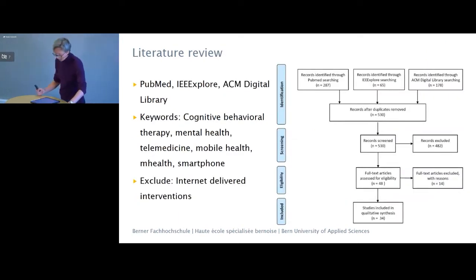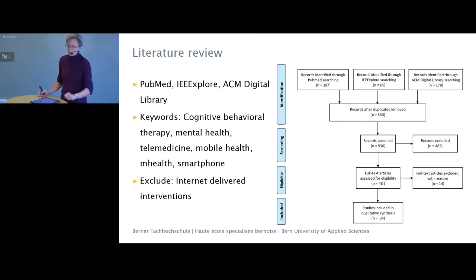So we searched three databases, PubMed, IEEE Xplore, and ACM Digital Library. The last two are rather technical ones, PubMed is more medical related. We searched with keywords related to cognitive behavioral therapy, mental health, telemedicine, mobile health, mHealth, and smartphone. We explicitly excluded publications concerning internet-delivered interventions.